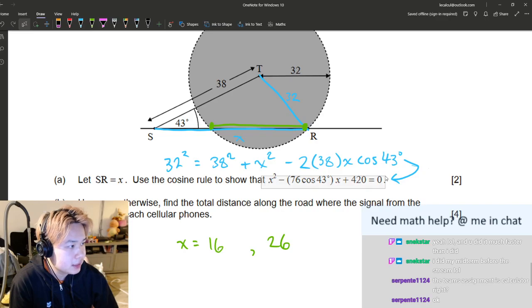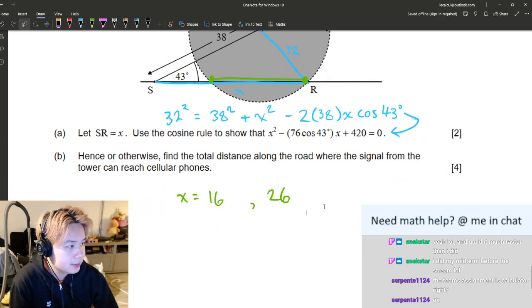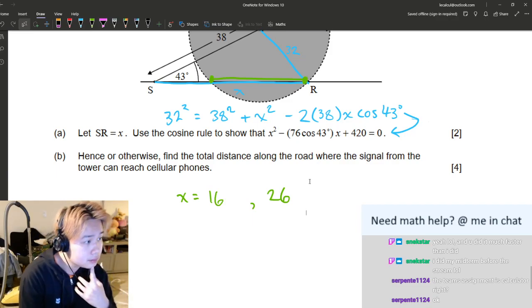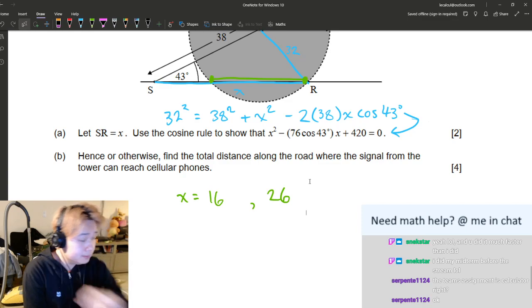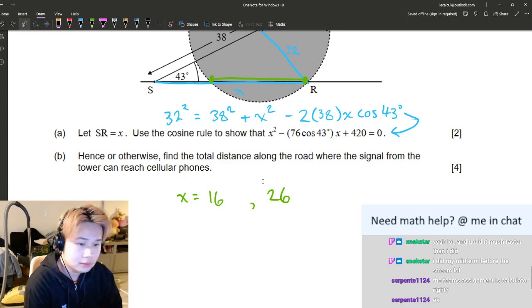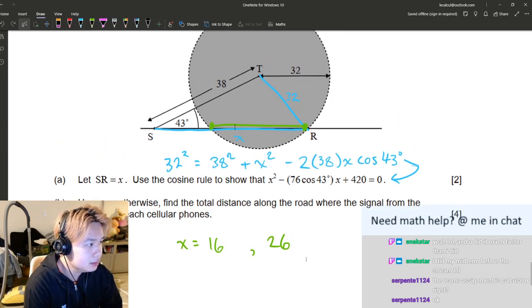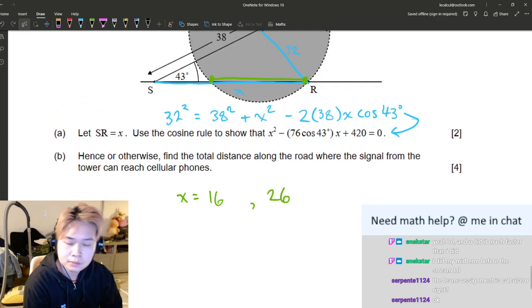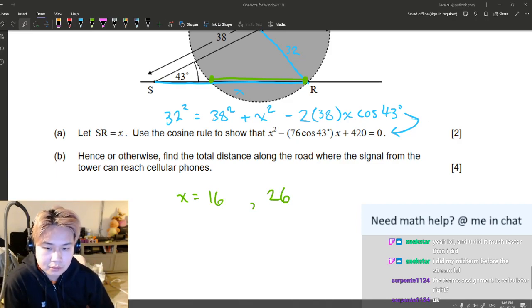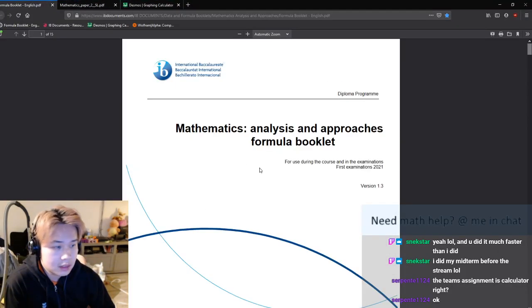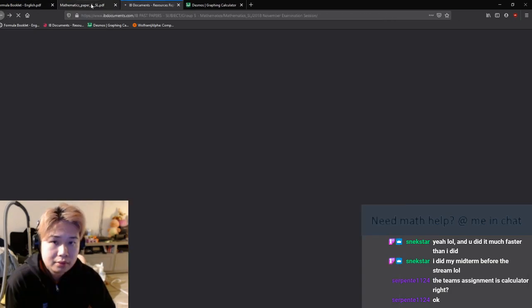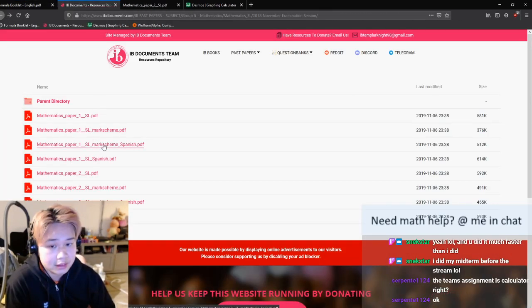Which leads to this, which leads to two possible distances. And then what if it is 16? You know, when in doubt, that's what checking the answer key is for.